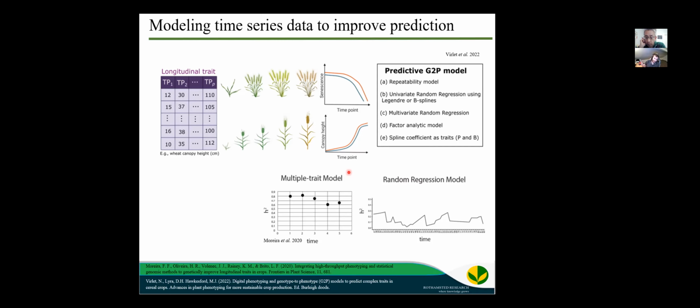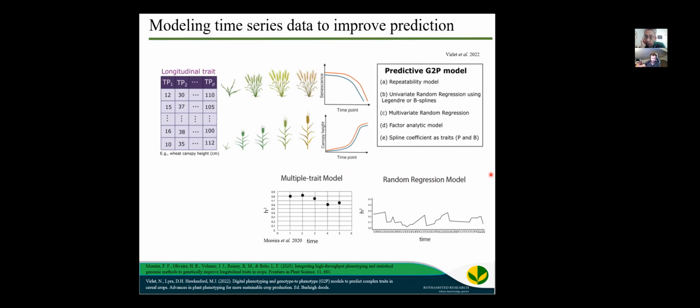You just have, let's say, your vegetation indices, and then you have yield. You just put both together and run your multi-trait model. However, when you run the regression, you can implement the biological curve of it as a fixed effect. That's the main difference between both.